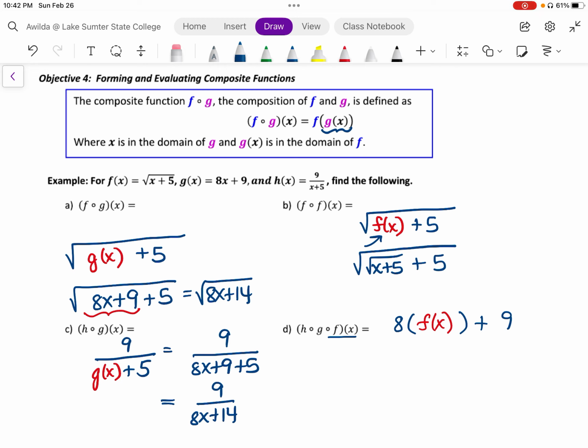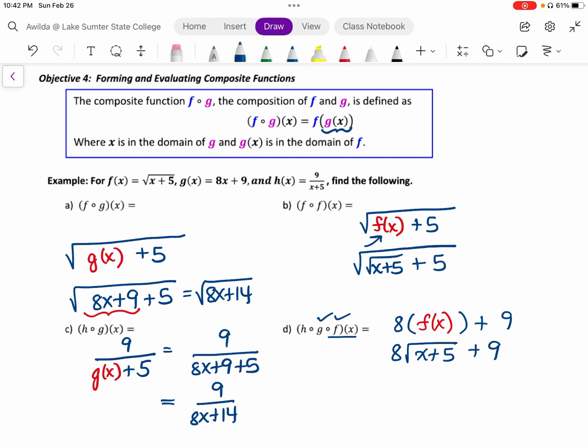So then what is the rule for f of x? f of x is equal to the square root of x plus 5. So now we've taken care of g of f of x.